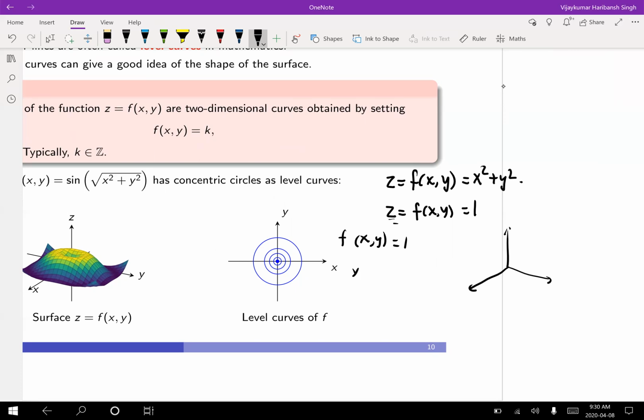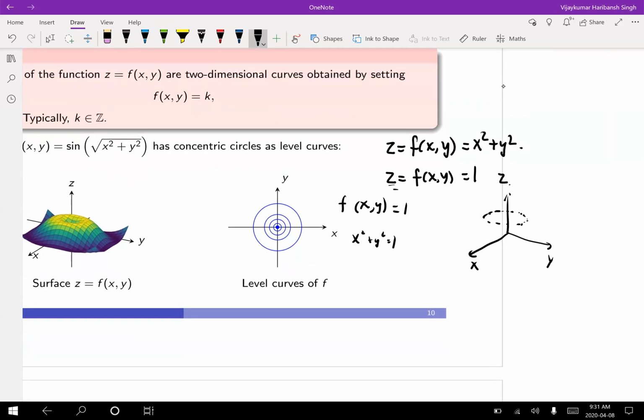So you'll have x squared plus y squared equals 1, which is a circle of radius 1. So this is your x-axis, this is your y-axis. On x squared plus y squared equals 1, you get your z is 1. So the level curve will look like this.